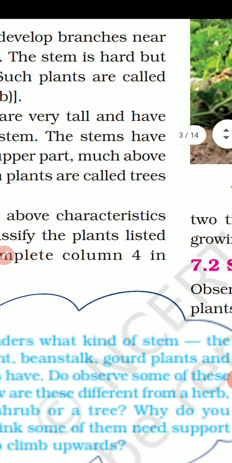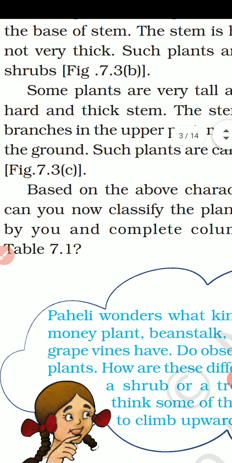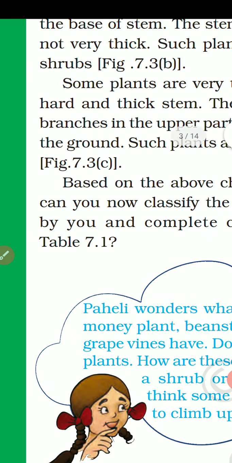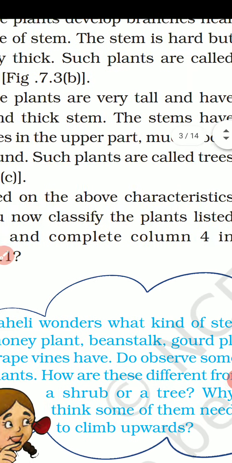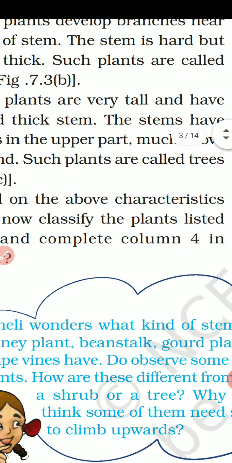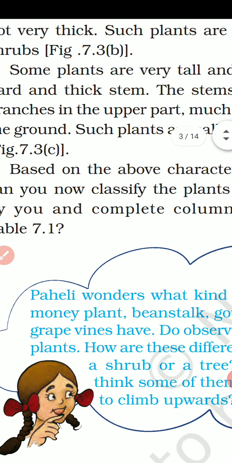So, based on the above characteristics, can you now classify the plants listed by you and complete column number 4? Just look at the 3 more plants you have added.